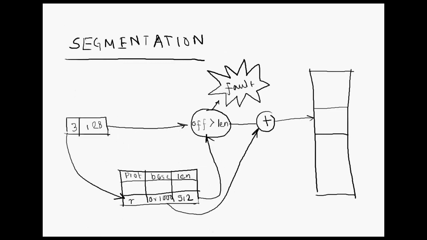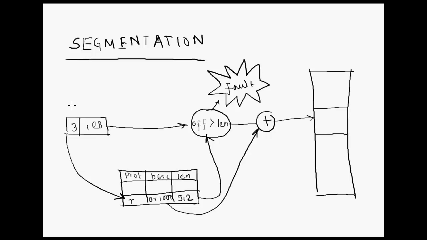Our next memory scheme is segmentation. Segmentation will solve many of these problems that we have discussed earlier. Let's say the user has a virtual address 3128. A portion of the address can represent an entry in a segment table. What is a segment table?